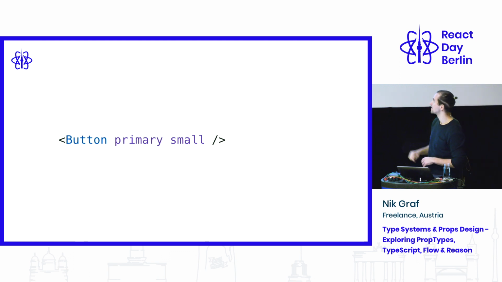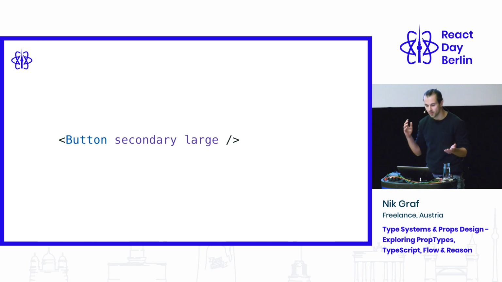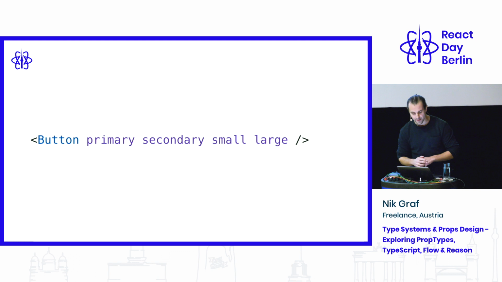So what happened is basically our design system had this props design. You could say a button is primary and it's a small button, although primary shouldn't be small. Then you can say it's secondary, large, and so on, and then you get to this, and it's not clear what it is.